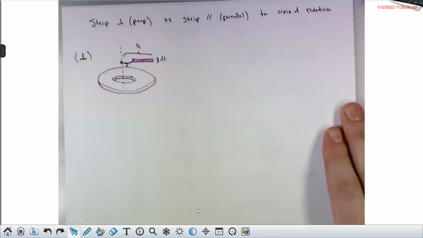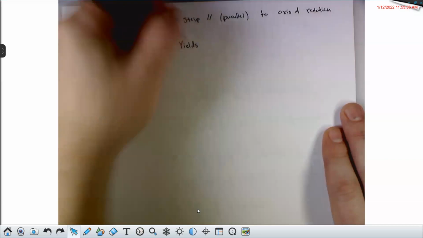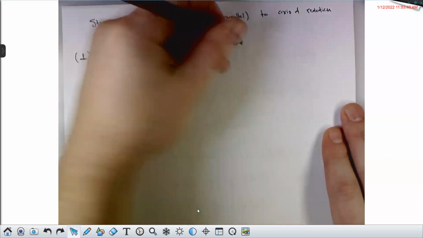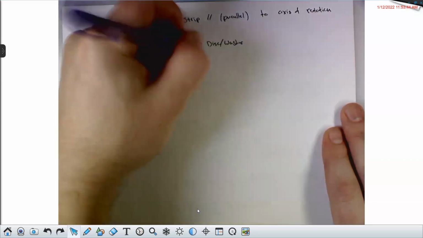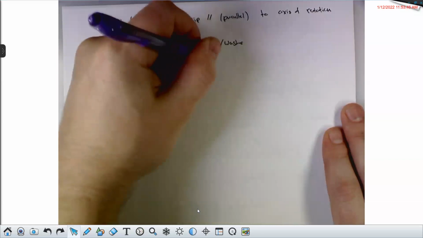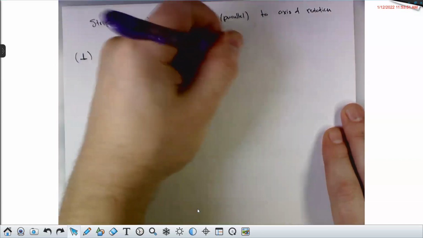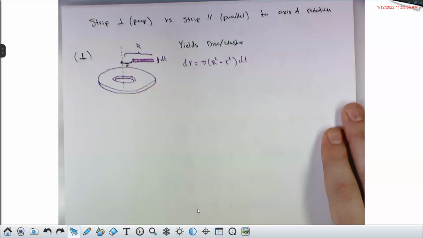And this is the disk washer method, where dV is pi times your big radius or outer radius squared minus your little radius or inner radius squared times dt. And big R and little r are what we said they are in the previous lecture.